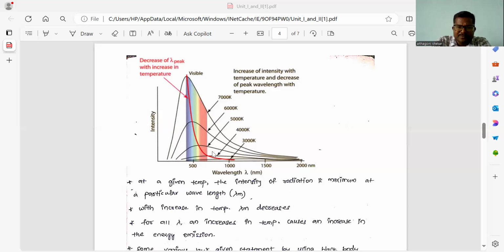At a particular point, there is the peak energy, the peak intensity, for this given temperature.